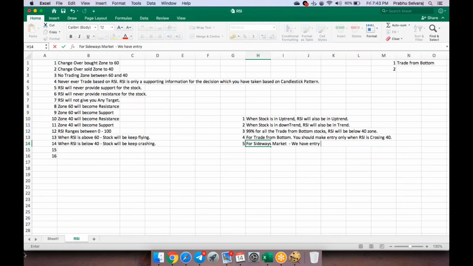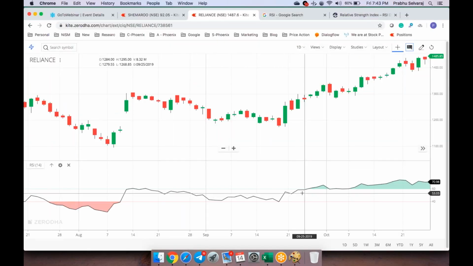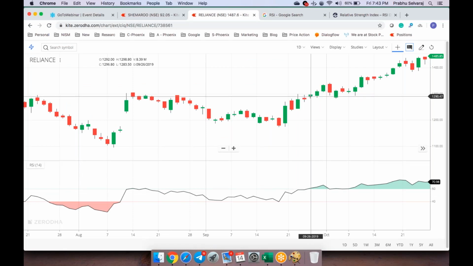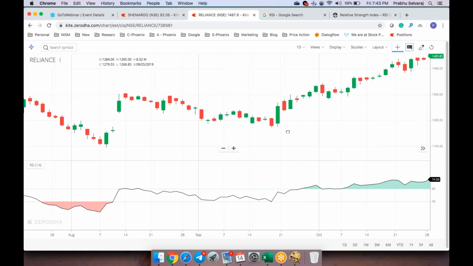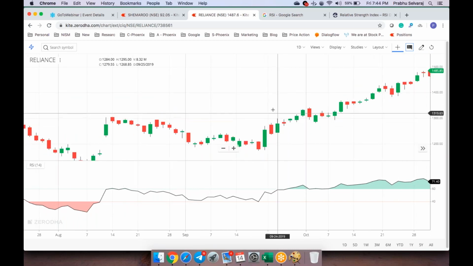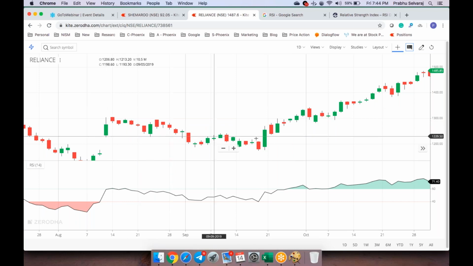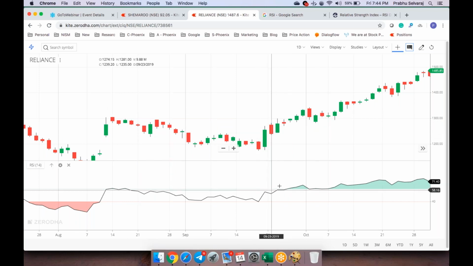We have an entry on the long side when RSI is crossing 60. So when the RSI is crossing 60, this candle I will make an entry even though it's a doji, because I know this time the resistance will get broken and it will go up, because my RSI has given a buy signal.